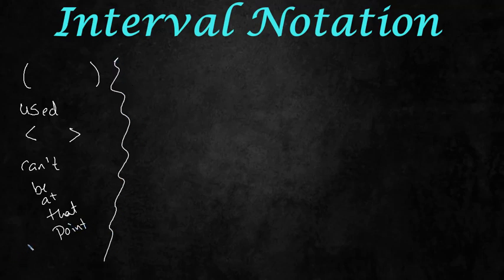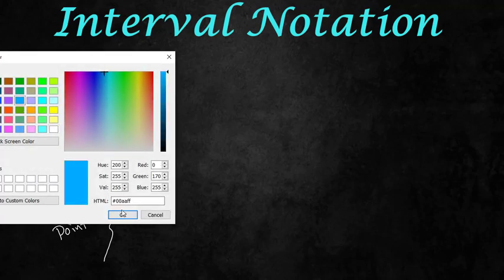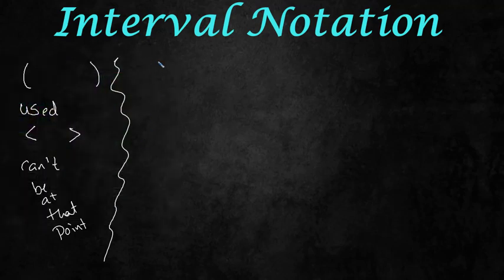Okay, let's go on to the next one. We have our closed brackets. This is used when you would have used the greater than or less than, or greater than or equal to, or less than or equal to. And that's when you can be at that point.